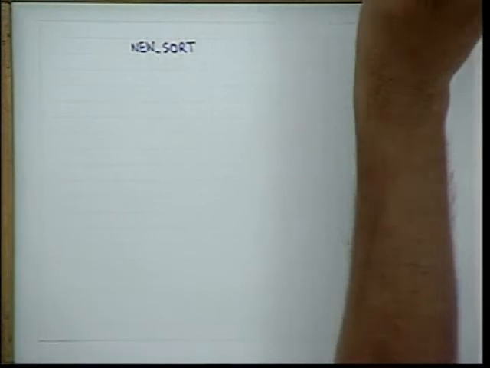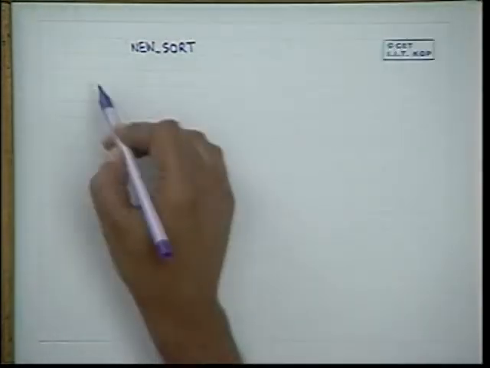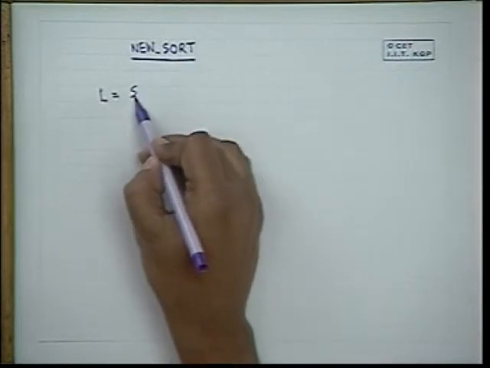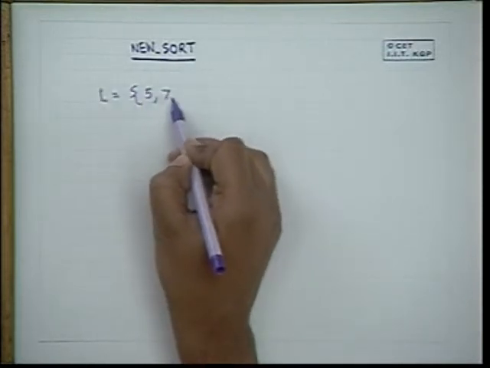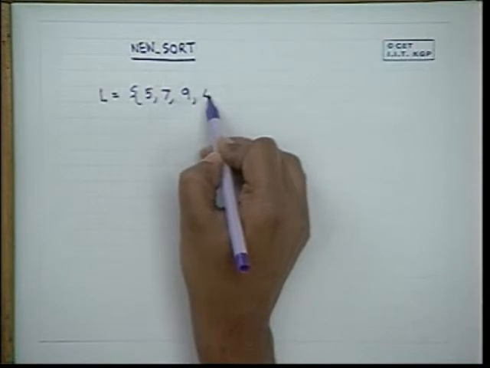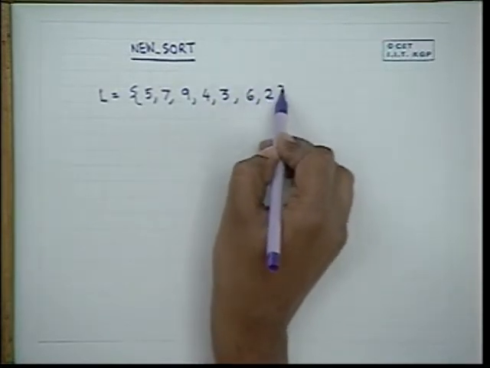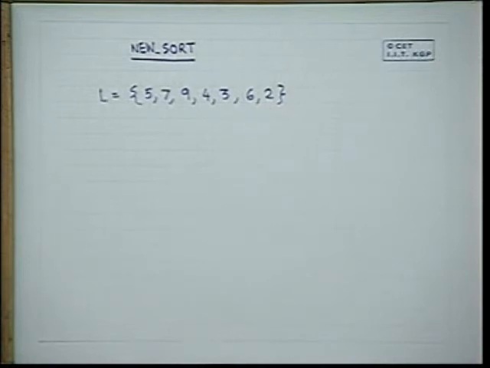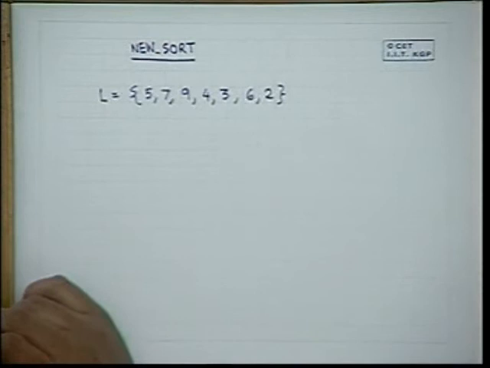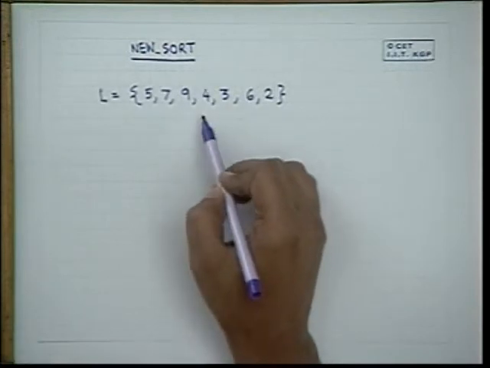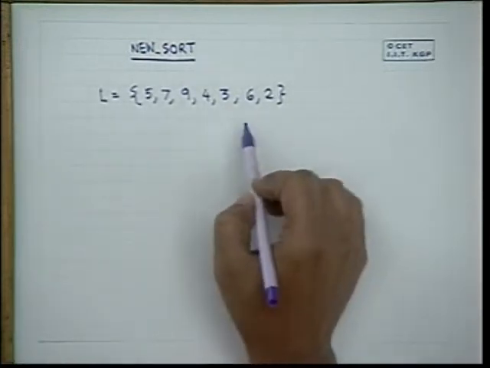Let's take the same set of elements which we were doing before, L. So now we have to sort this. We have seen max decompositions, we have seen split, sort, and combine.